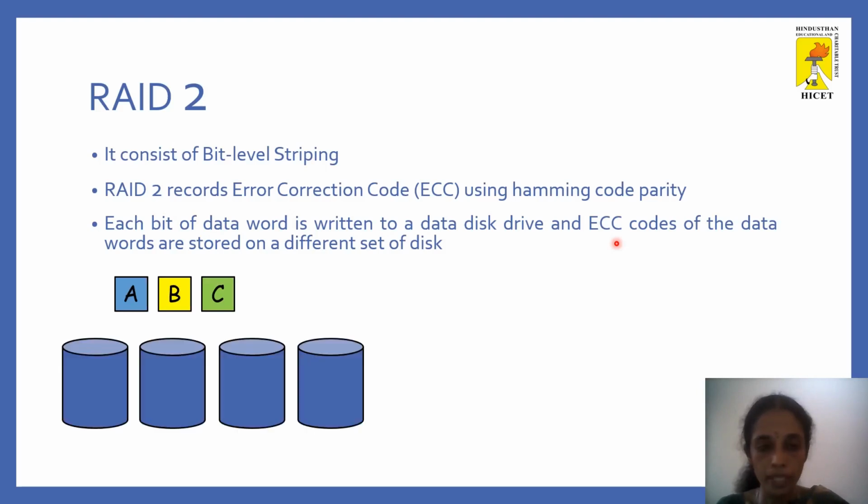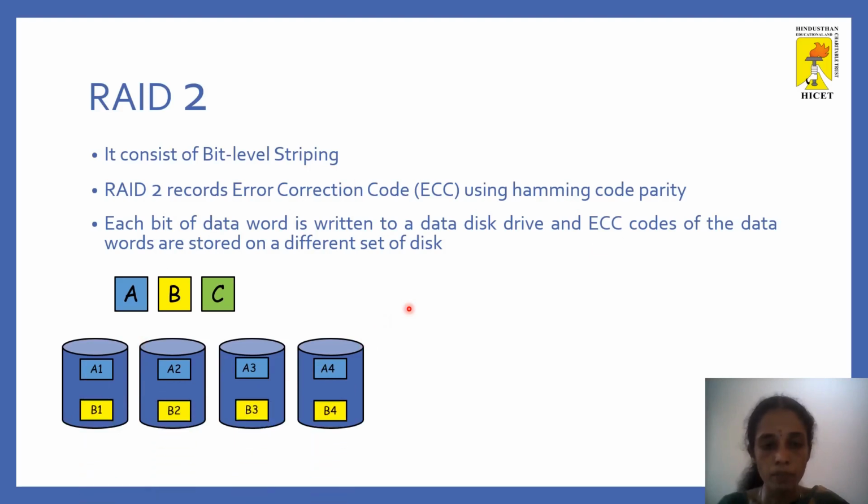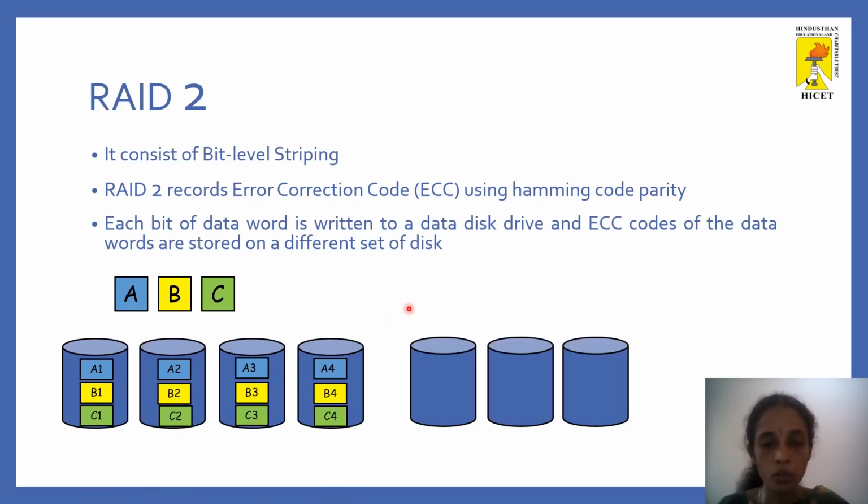So when you have data, this will be your data disks. Here it will be striped bitwise, and for that, error correction codes will be generated.